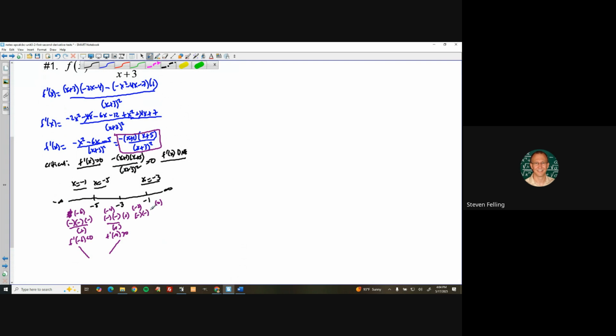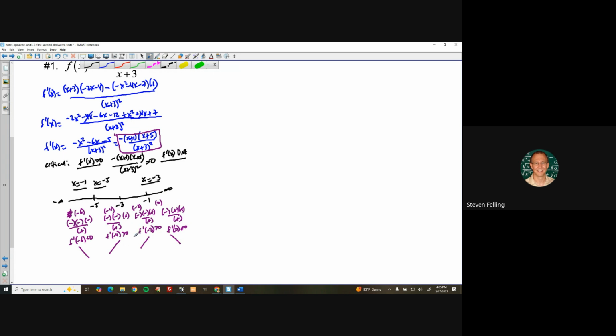Negative 2 plus 5 is positive. So that means negative over positive, or positive over positive. f prime at negative 2 is positive, so still increasing. And then if I plug a 0 in for the x's, I have a negative, a positive, and a positive. So f prime at 0 is less than 0, and that's negative.